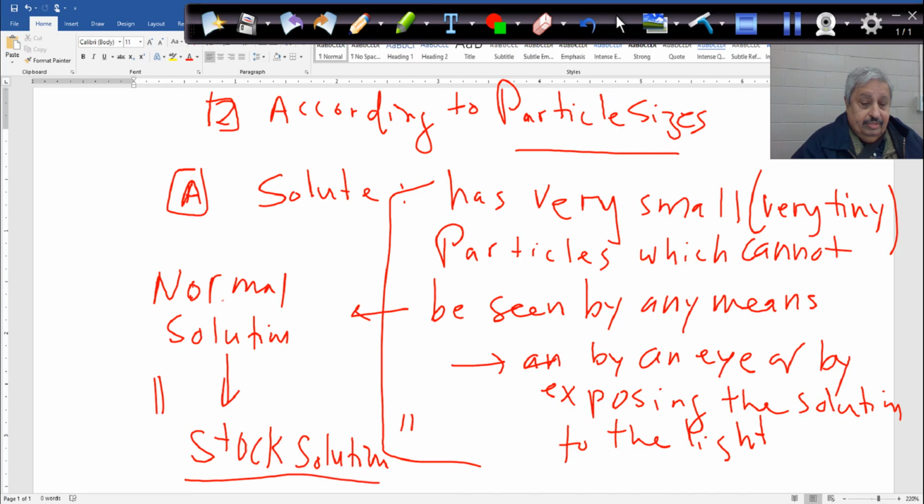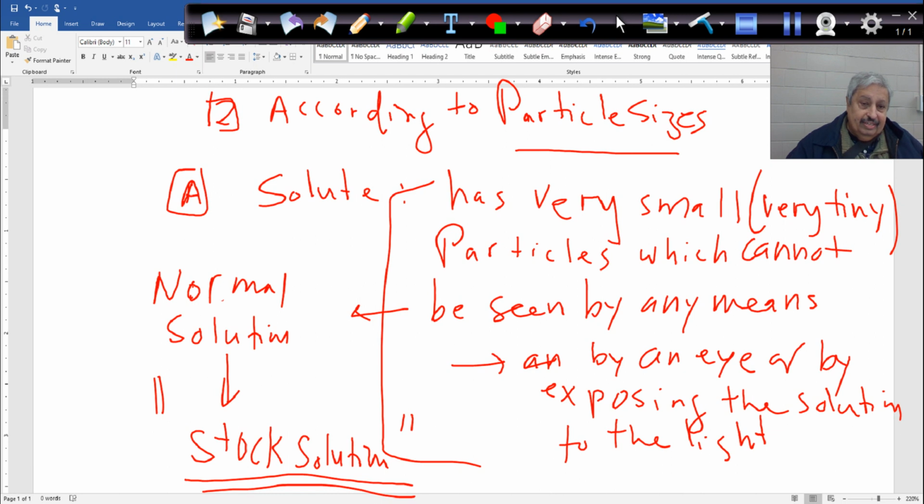So this is called what? Stock solution or normal solution. Okay, this you cannot see the solute particles anywhere, with your eyes or with your experiment by exposing it to the light.